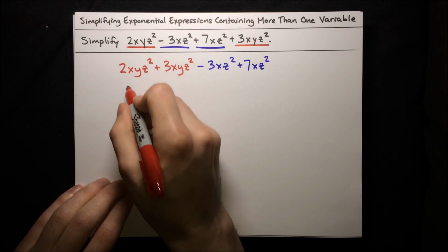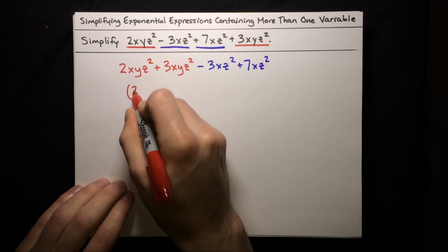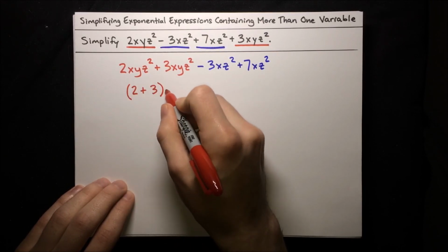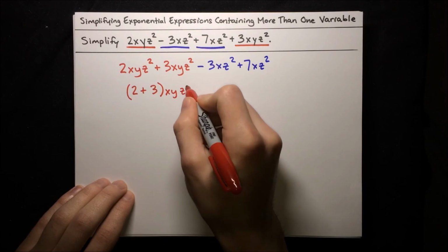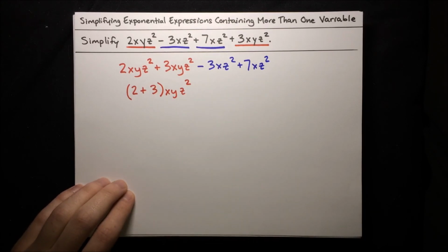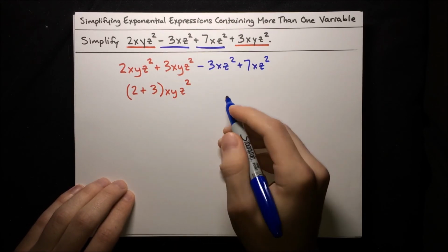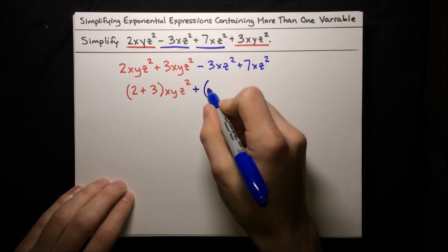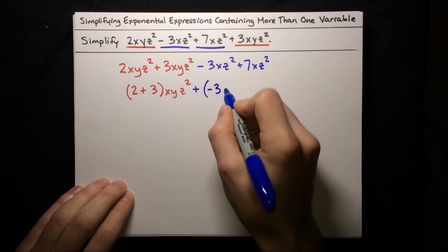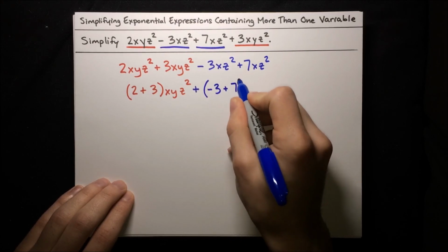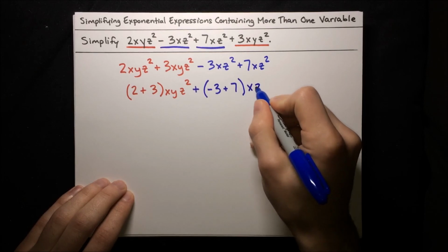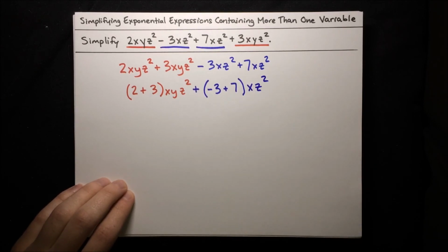xyz squared coefficients, we'll just add those. Those are 2 plus 3, and then pull out that common variable term, xyz squared. And then in blue here, the xz squared. So let's write that as plus, and then negative 3 is the first coefficient here, and then plus 7 is the next coefficient, and then put that common variable term xz squared, and we'll just go ahead and add those.